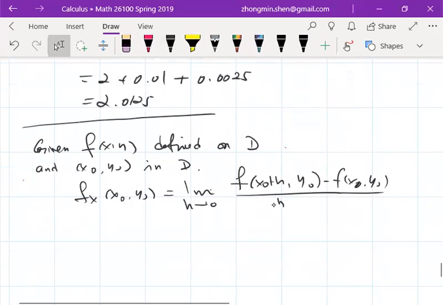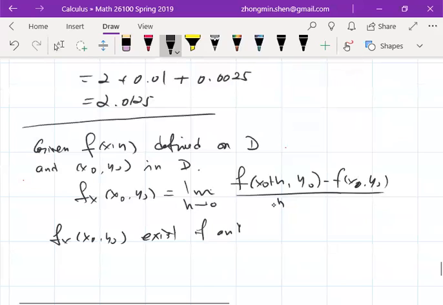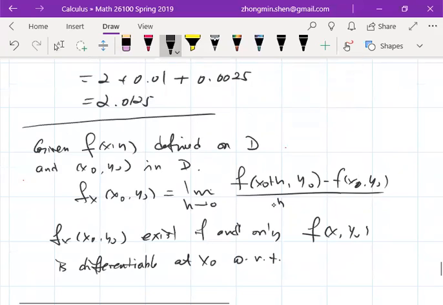So this exists if and only if this function with the second variable fixed is differentiable with respect to x.